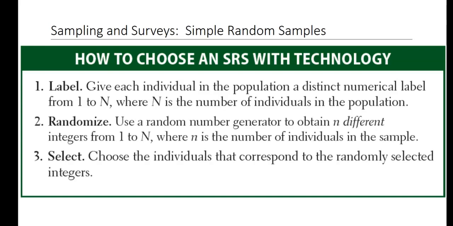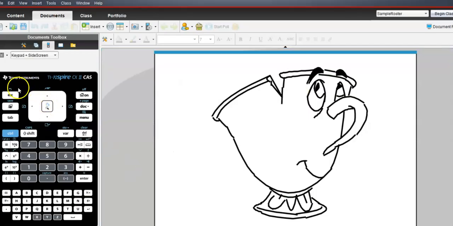So how to choose one with technology. You want to label the group from 1 to n, randomize using some kind of random number generator, and then choose individuals that correspond with the selected integer. You can do that on a TI-Nspire. This is the home key.